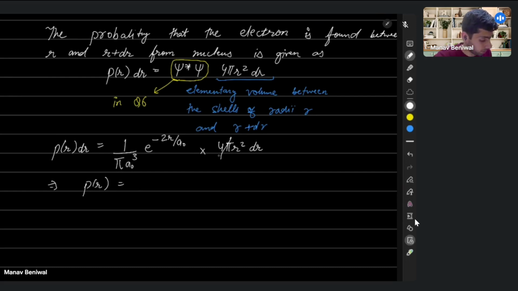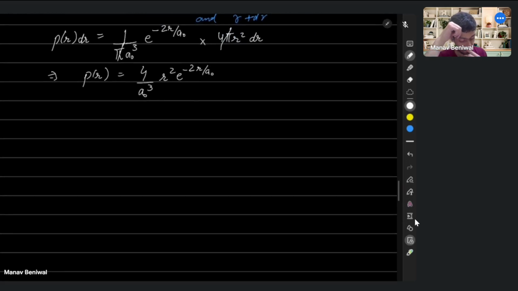This pi will cancel out, so P(r) is nothing but 4 over a naught cube r squared e to the minus 2r by a naught. So this is P(r). Okay.